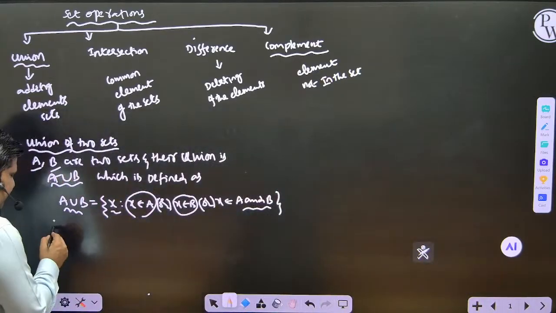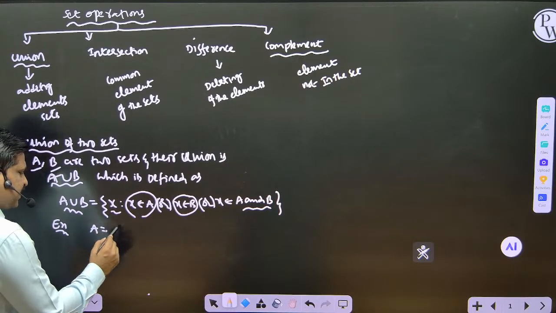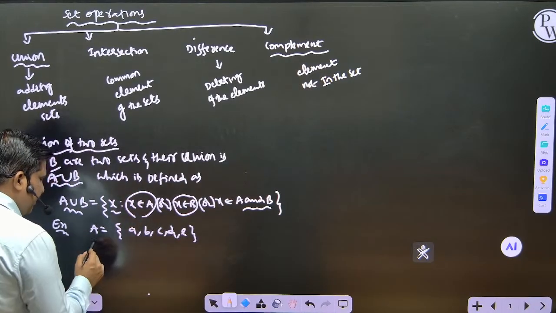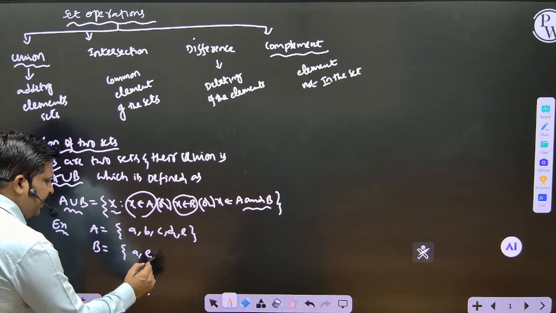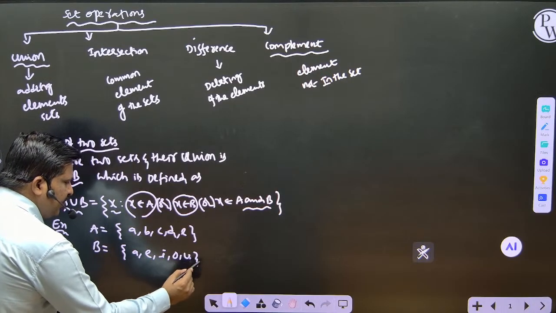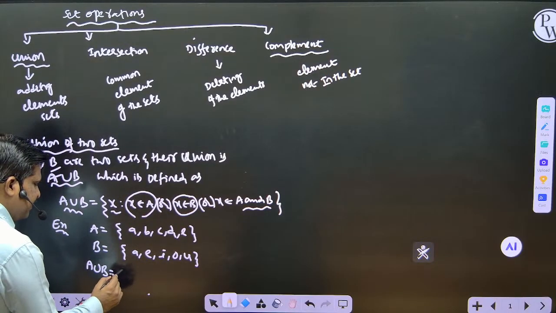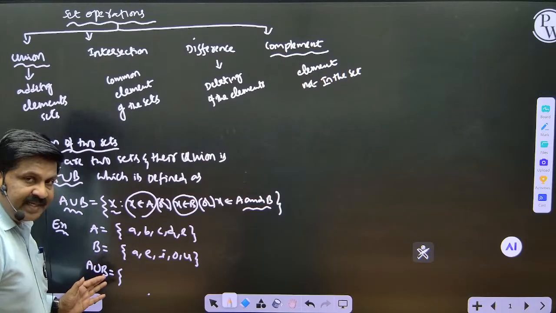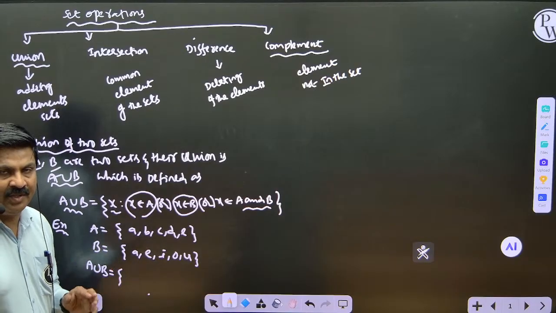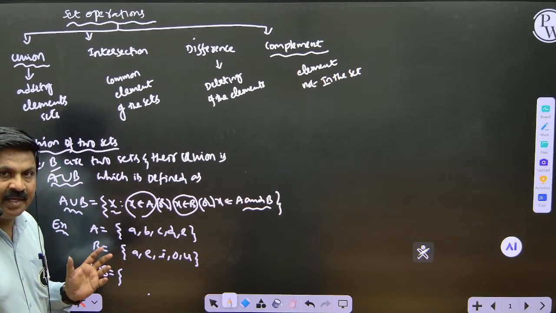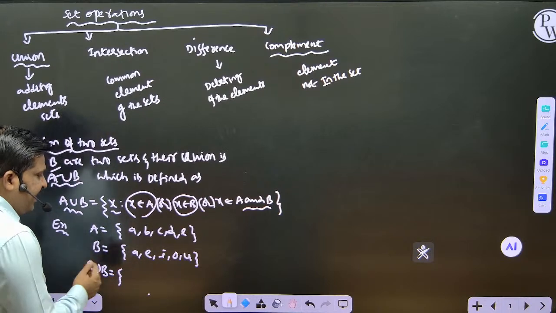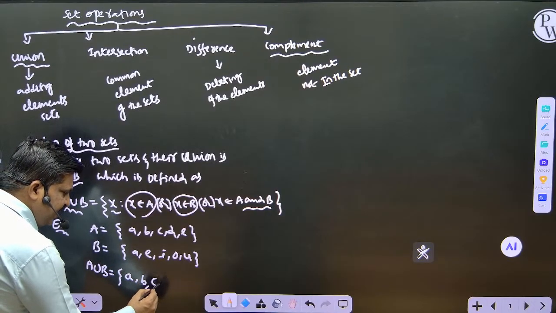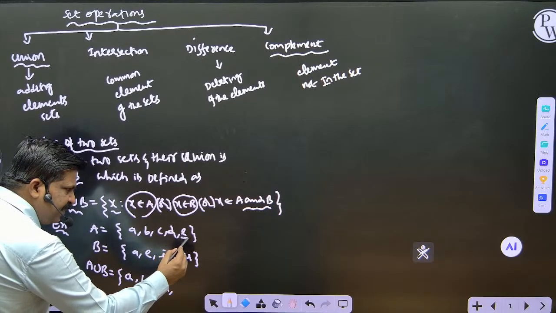For example, A is the set having the elements a, b, c, d, e, and B is the set having the elements a, e, i, o, u. Then what is A union B? You add the elements of A and elements of B. But take into consideration that in a set, repetition of elements is not allowed. So a is repeated twice, but we have to take it only one time. b, c, d, but e is repeated how many times?